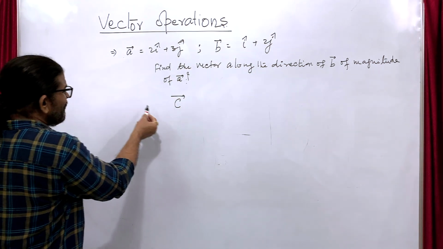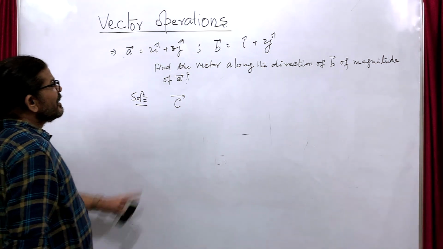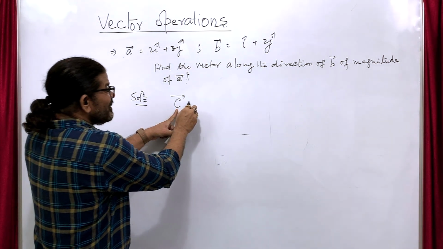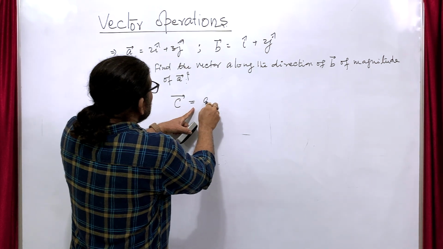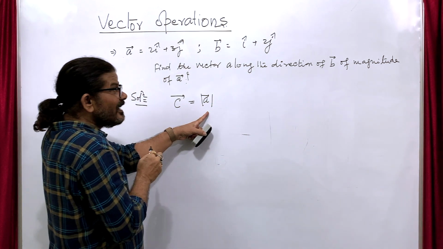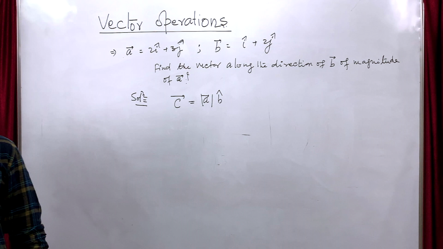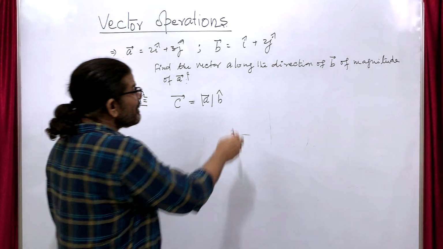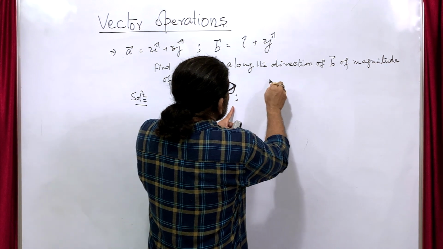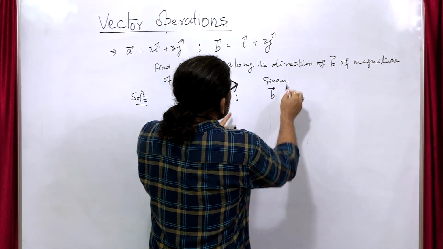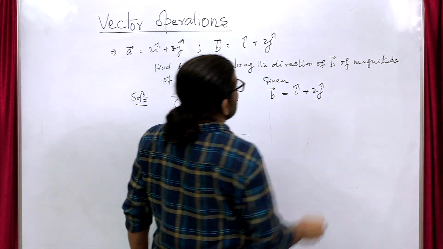Now see, suppose the author of the question is asking, I am writing here the solution. Find a vector C whose magnitude is that of A and direction is along B. So it means here B is given, B is equal to i cap plus 2j cap.